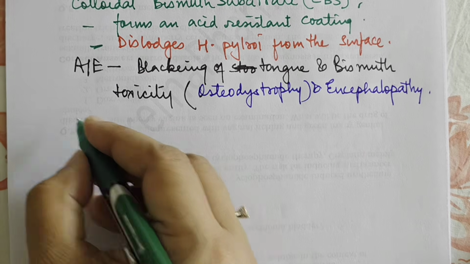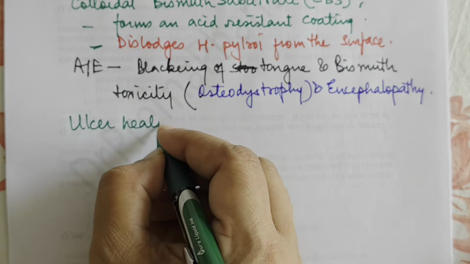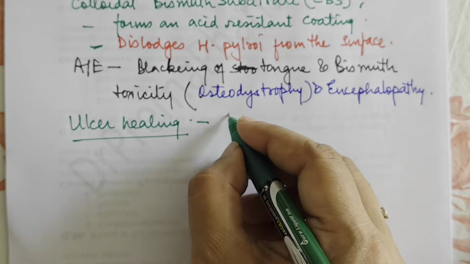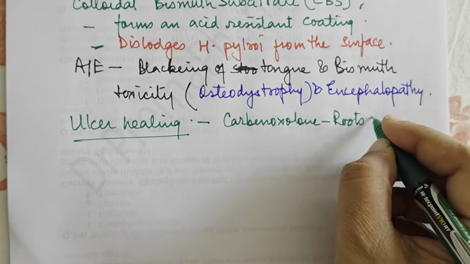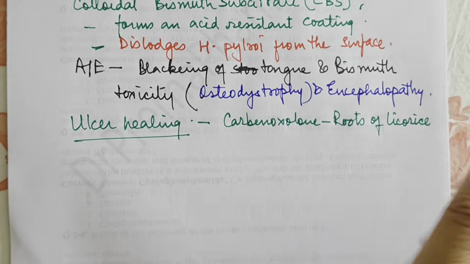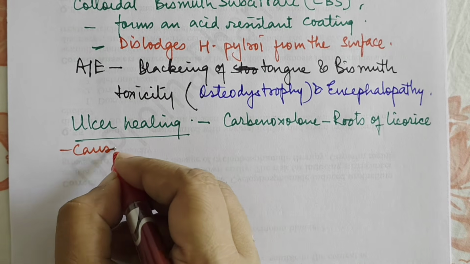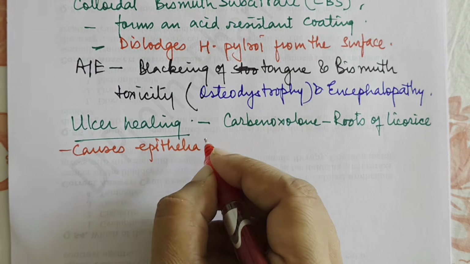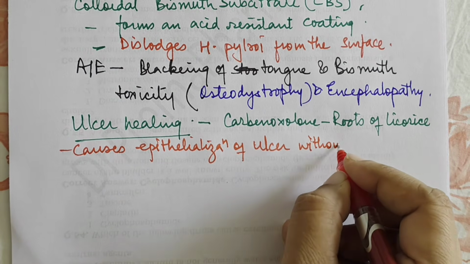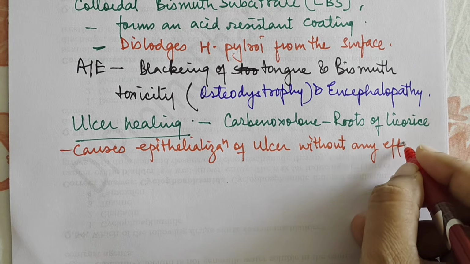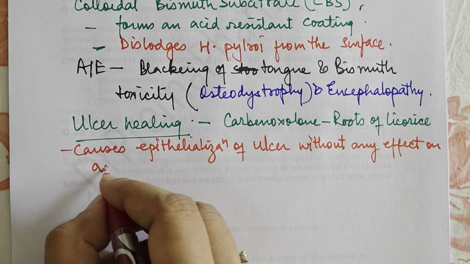Then we have drugs which are called ulcer healing drugs. In ulcer healing, the drug which we have is called carbenoxolone. This is obtained from the roots of the licorice plant, right? Now what does it cause? It causes epithelialization of the ulcer without any effect on acid secretion.